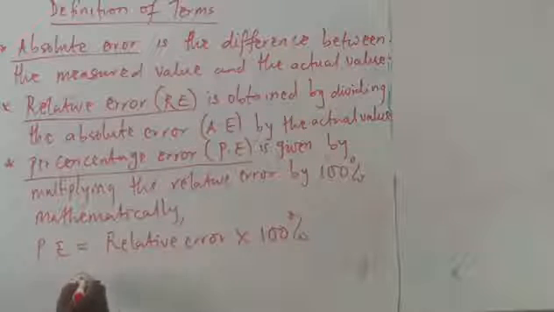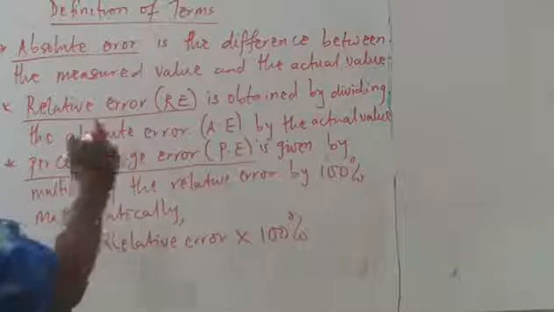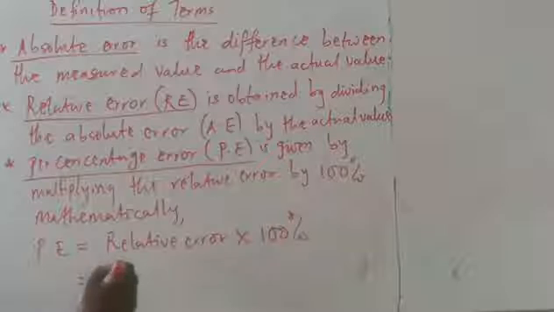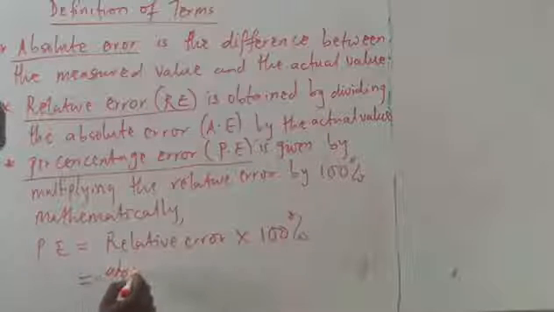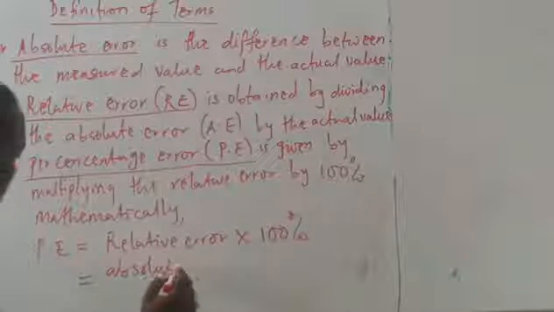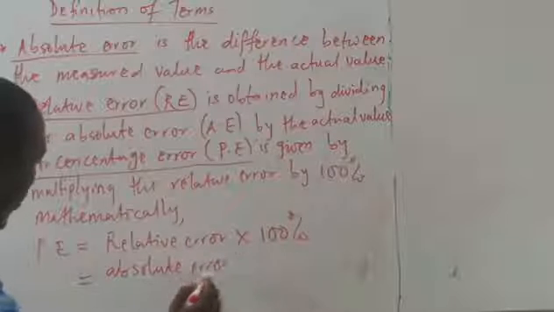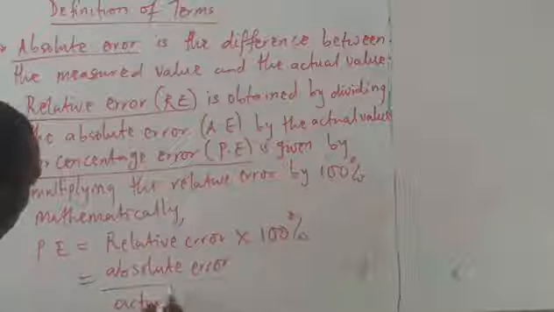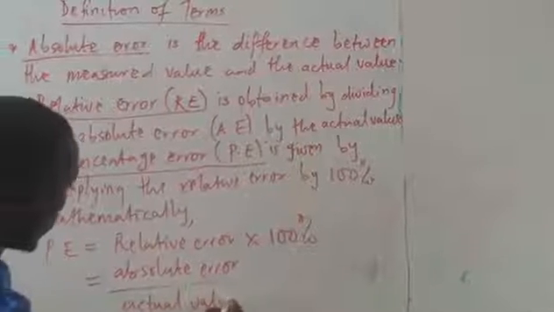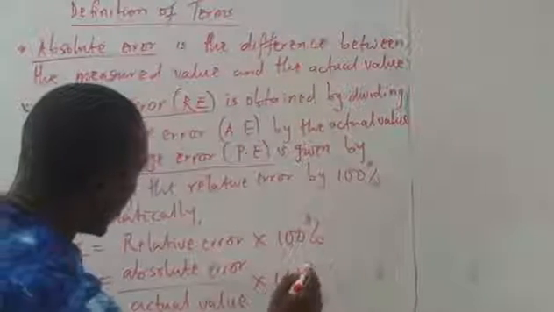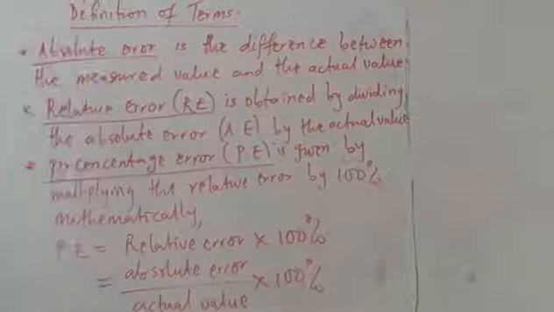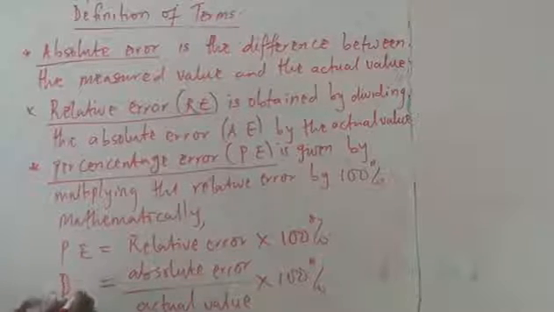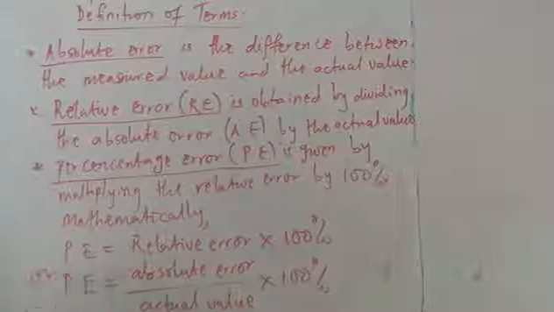So this can also be written as absolute error all over actual value multiplied by 100%.